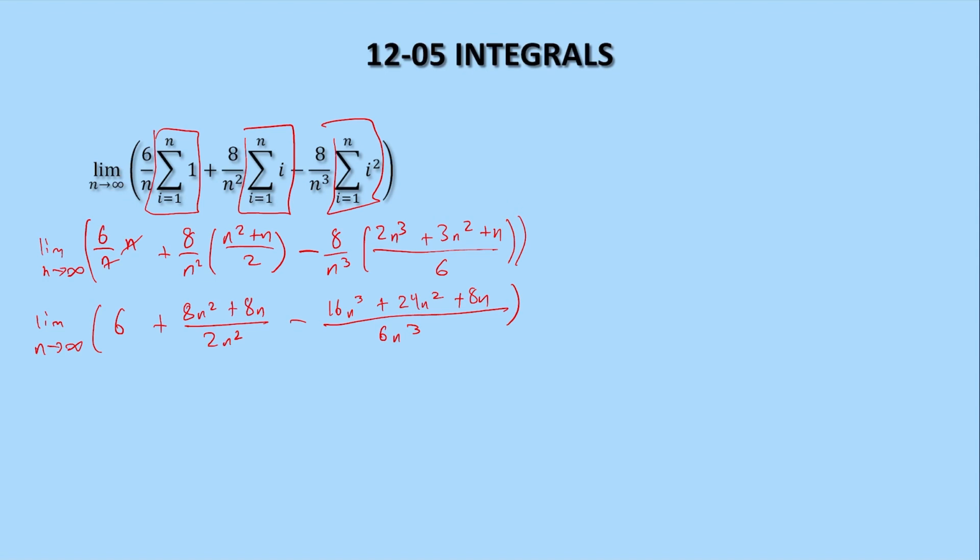And then technically we have to separate this into separate limits, so let's go ahead and write that out. So it'll be 6. And the limit of the next part minus the limit of the last one.